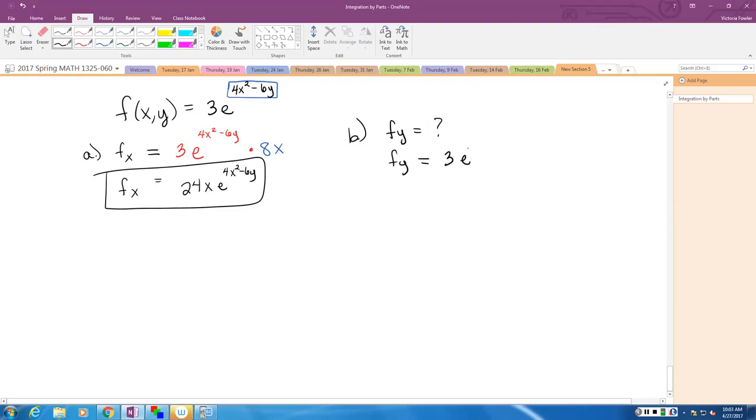The 3 hangs out, we rewrite the exponential, and what do we multiply by? Is it positive 6, negative 6? Negative 6, right? The derivative of negative 6y is going to be negative 6.